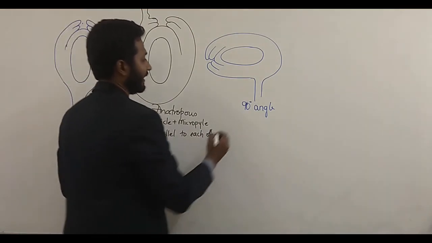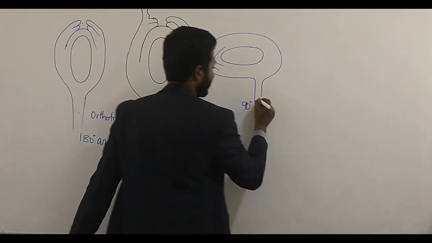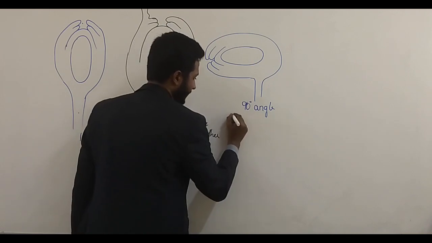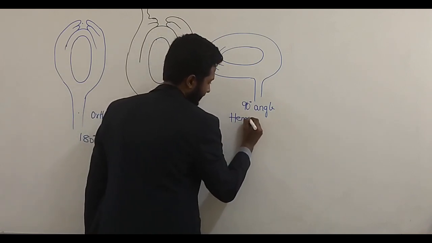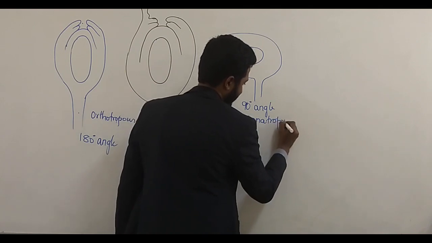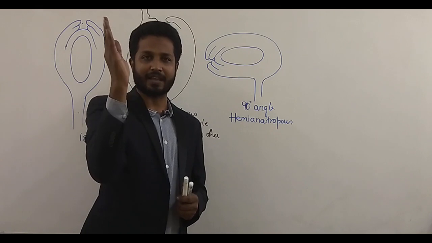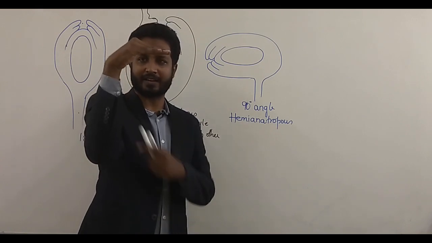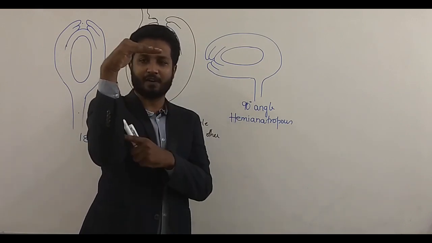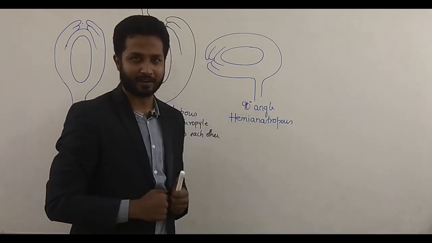So a 90-degree angle is being formed over here. Here it is 180 degrees. So this diagram is known as a hemi-anatropous ovule, wherein the embryo sac is going to form a bent structure. An exact 90-degree angle is being formed between the funicle and the micropylar end.